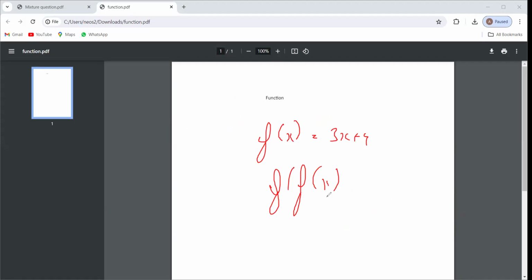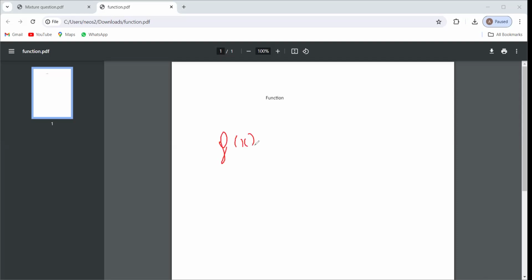What is f of f of x? Now understand one thing. f of x is 3x plus 4. I am asking you f of f of x. What I am doing is, instead of x, substituting f of x.